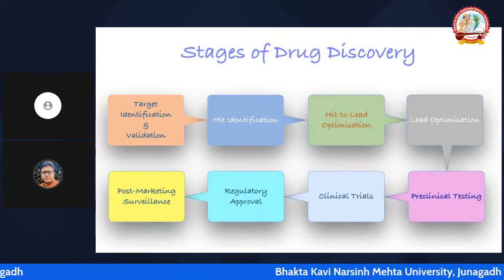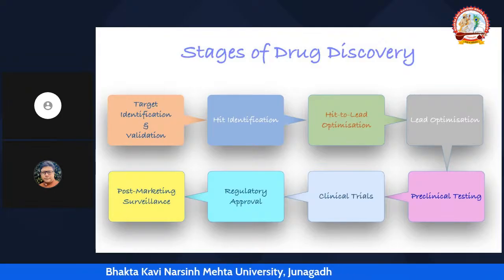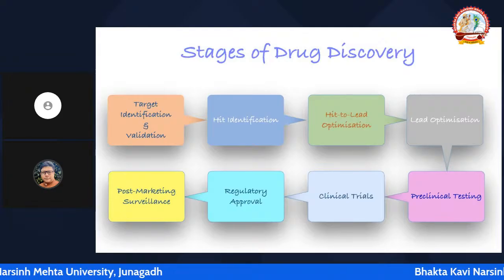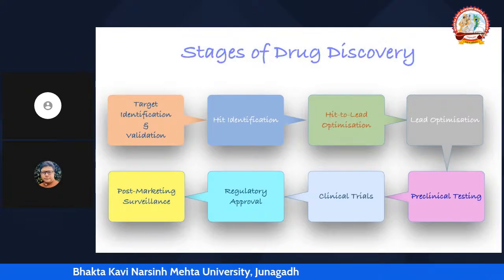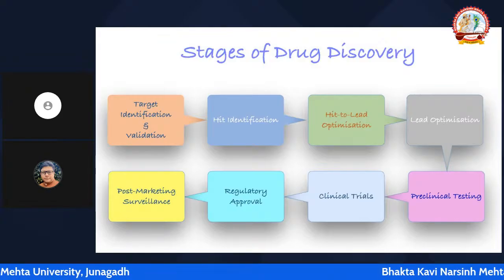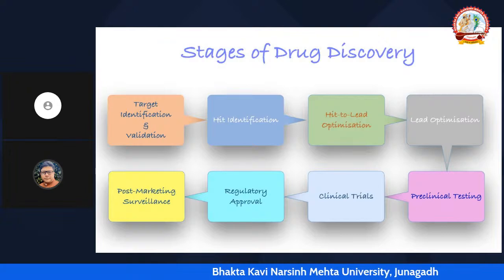Now, let us briefly go over the stages of drug discovery. First is target identification. As chemists, normally what we do is synthesize a lot of chemical compounds, different heterocyclic cores, diverse structures, new compounds. And then the question comes: what is the biology for these compounds?